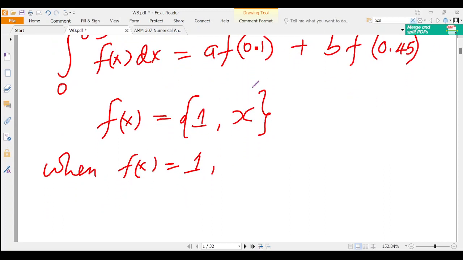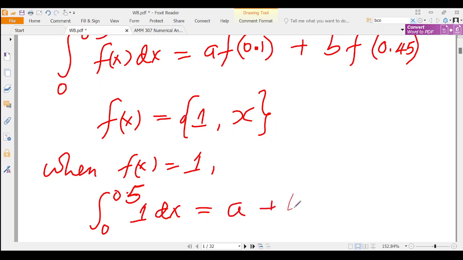And we get the integral from 0 to 0.5 of 1 dx is equal to a plus b.